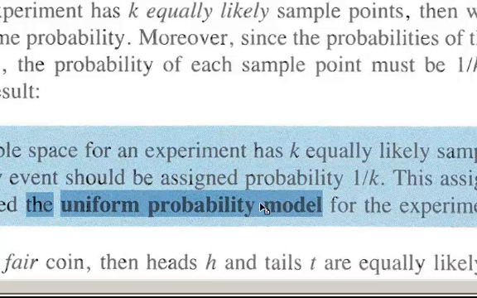When all the sample points have the same probability, it's called uniform. Uniform means the same. Remember, we could assign them in a non-uniform way. That would be a different model. But if we assign them all the same, it's called the uniform probability model.